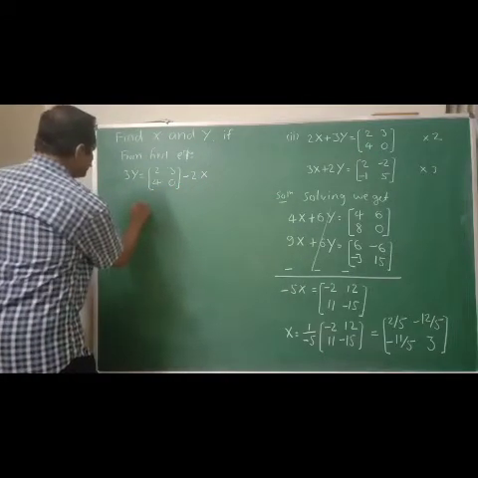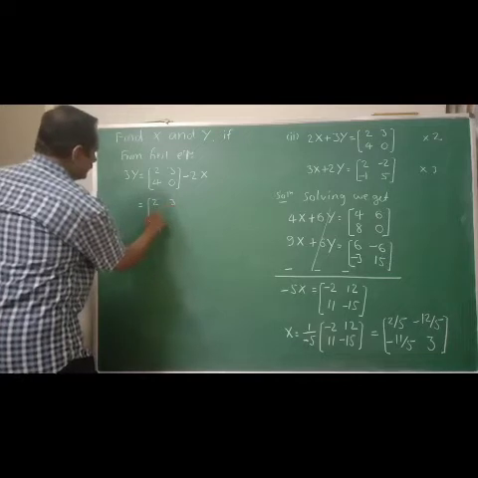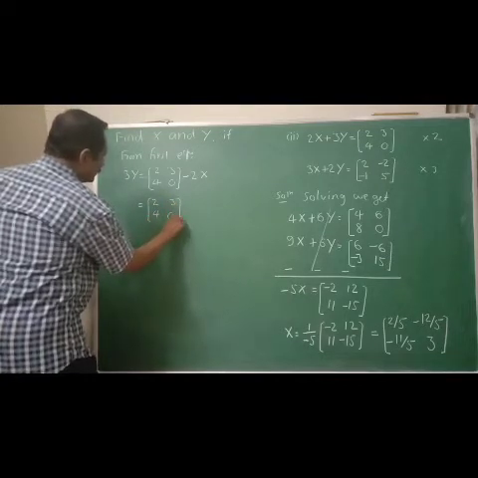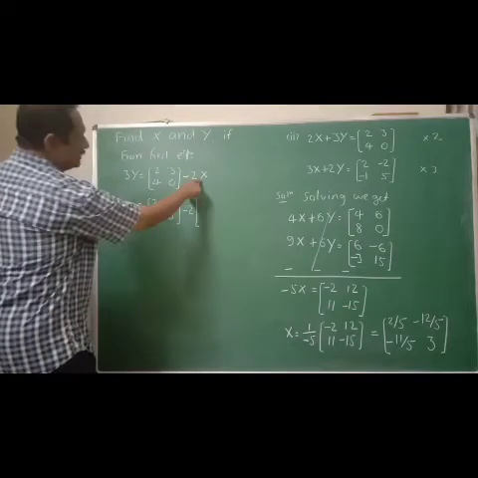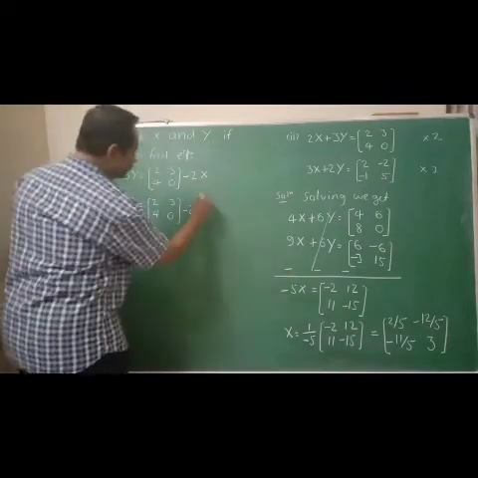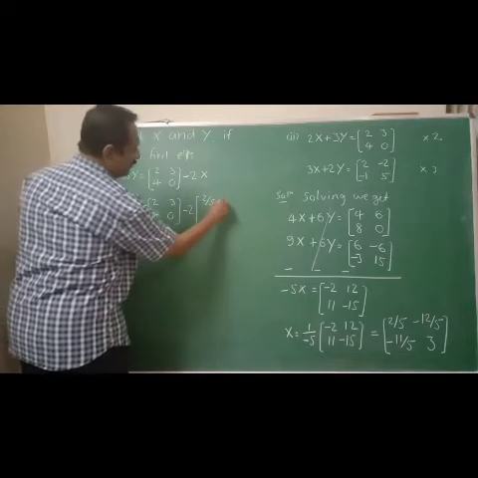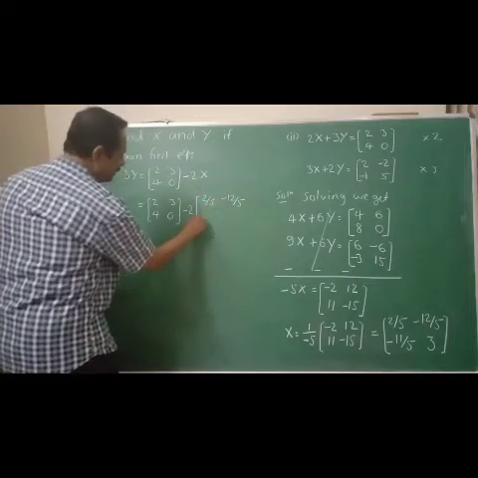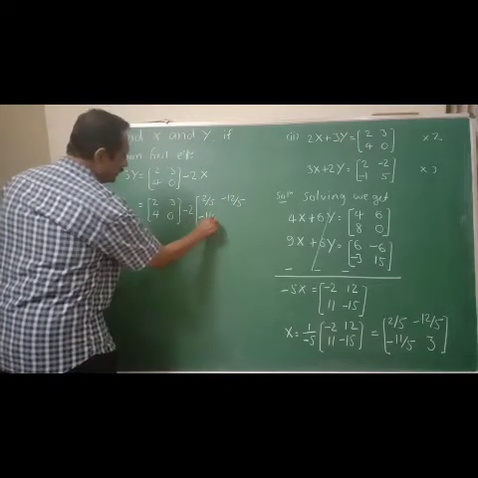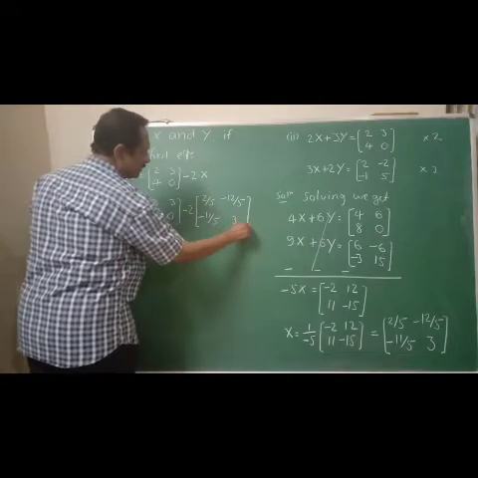Therefore, this is equal to the matrix [2, 3; 4, 0] minus 2 into x. X is this matrix: 2 divided by 5, minus 12 divided by 5, minus 11 divided by 5, then 3.